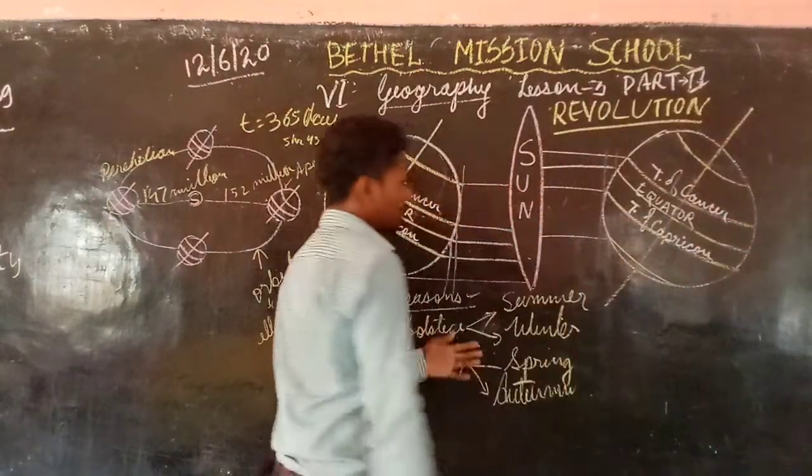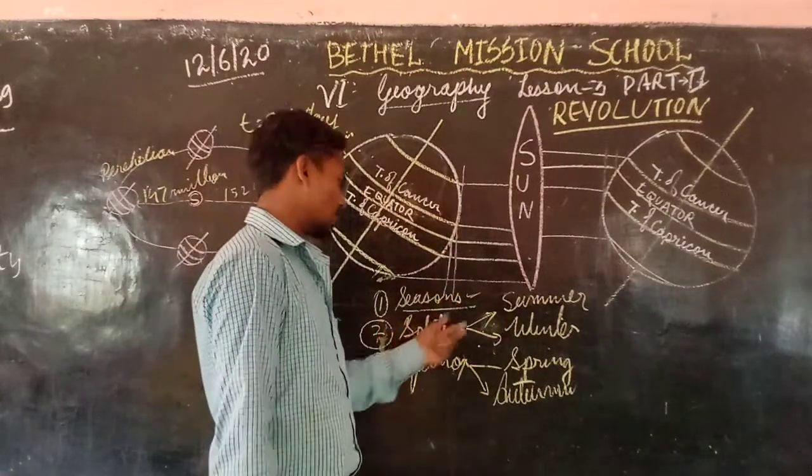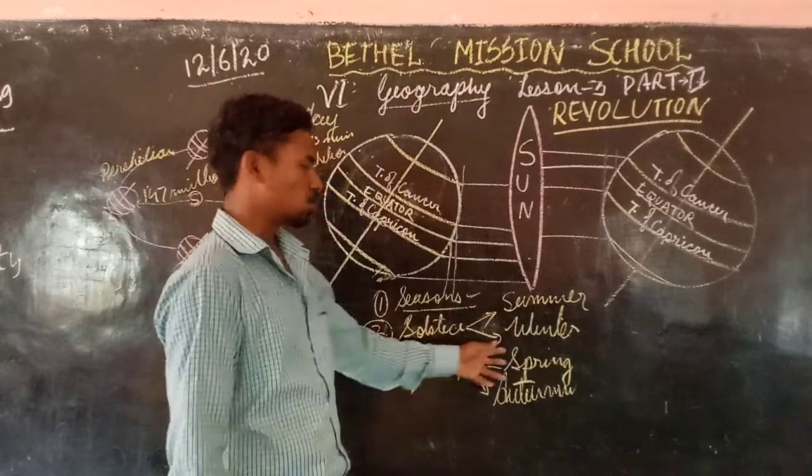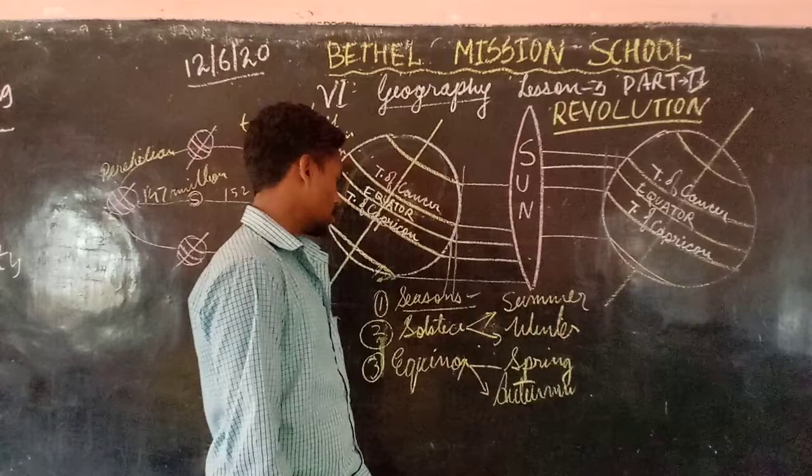So basically we have 4 seasons, 2 solstices, and 2 equinoxes, spring equinox and autumn equinox.